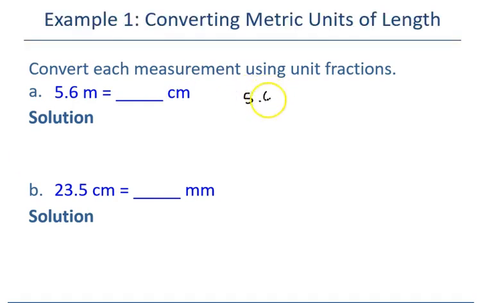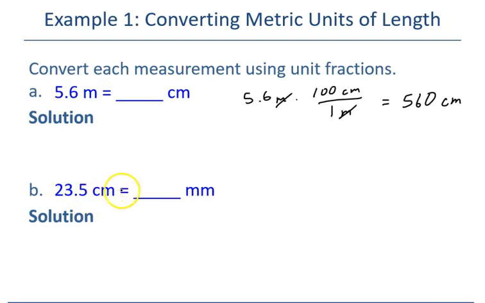We'll keep the 5.6 meters here, and then we're going to multiply that by 100 centimeters over 1 meter. Notice now the meters are going to cancel, and then we can go ahead and multiply this out. Since we're multiplying by hundreds, we can just move that decimal place over. So you're going to have 560 centimeters.